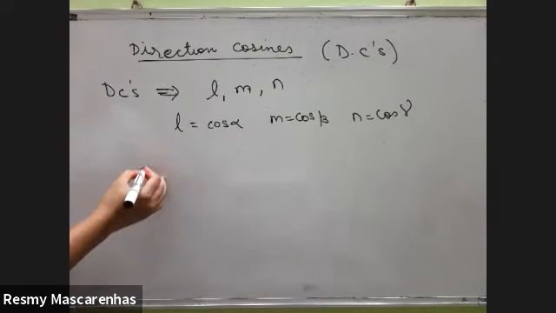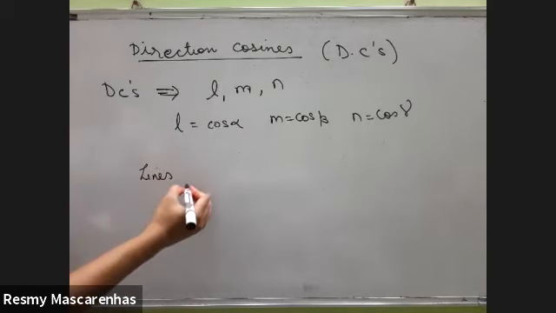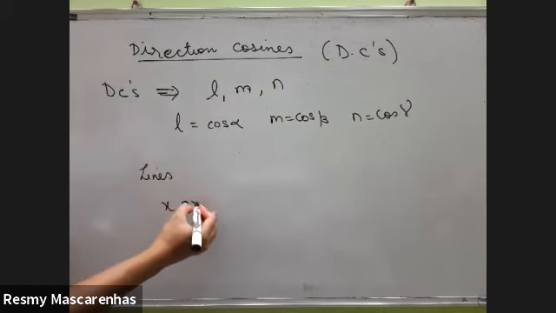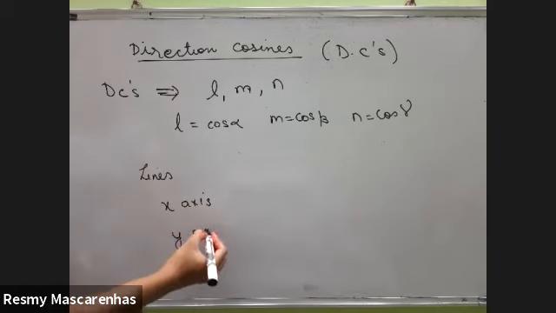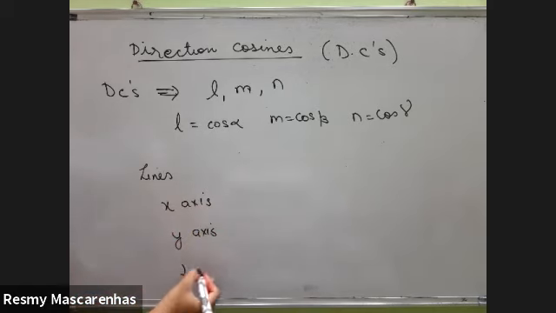The x-axis, y-axis and z-axis are also lines, so we will check in particular what the direction cosines of the x-axis, y-axis and z-axis are.